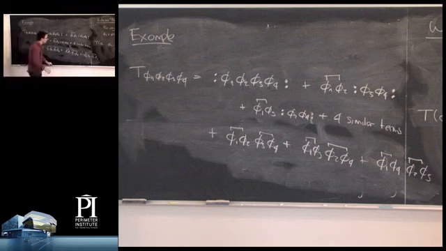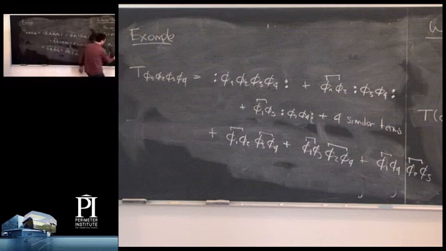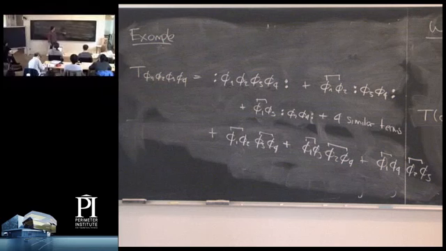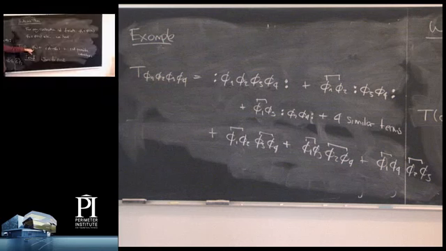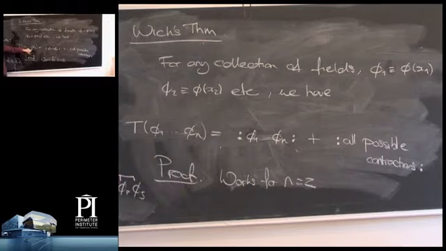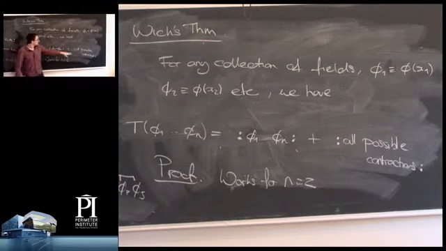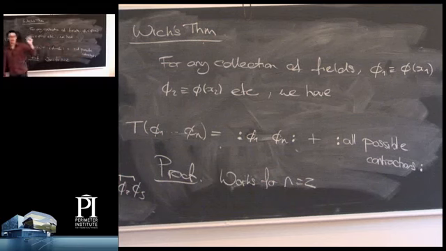Okay, proof. I'm not going to give you the whole proof because the statement of the theorem is quite dull, but the proof is really dull. The proof is the following: it works for n equals 2, meaning when I have two operators here, and that's what we just showed earlier in this lecture, that the difference between the time-ordered product of two operators and the normal-ordered product of two operators is the contraction between those two operators, which is the Feynman propagator.